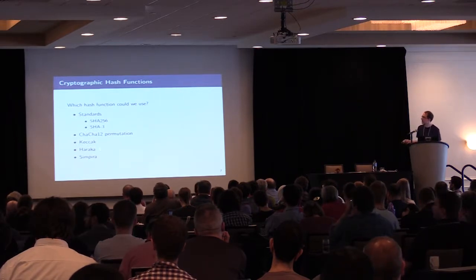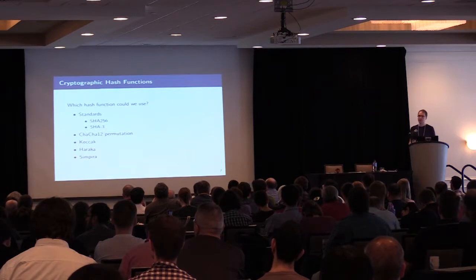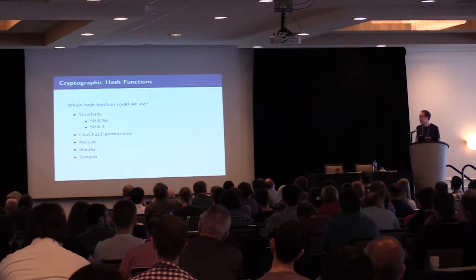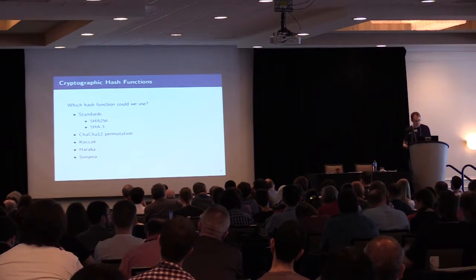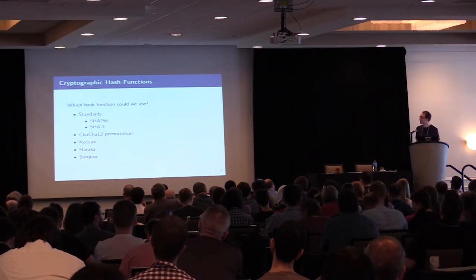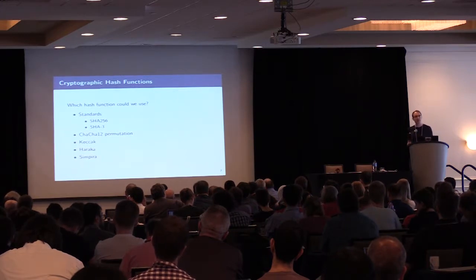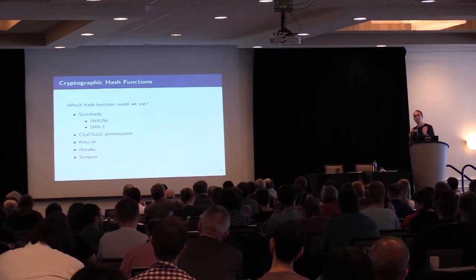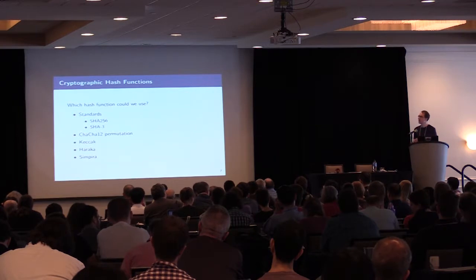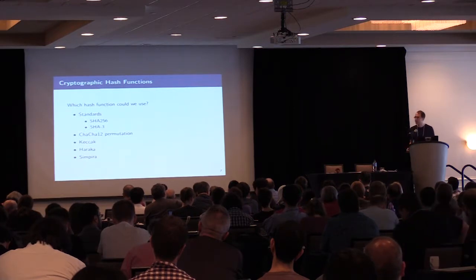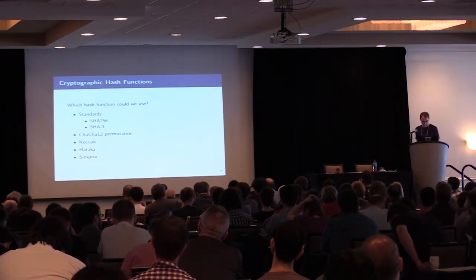And then the last two, which you're probably least familiar with, are some more recent proposals, which are extremely performant on current platforms by using the AES round function. The main idea is you construct the hash function from AES, and then you can utilize the hardware support from modern micro-architectures to implement those functions very efficiently.